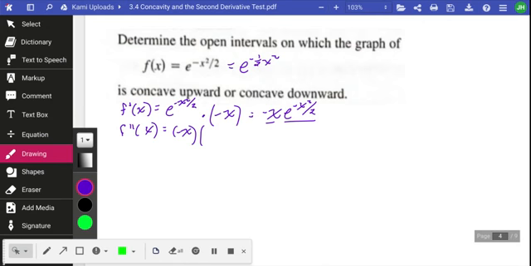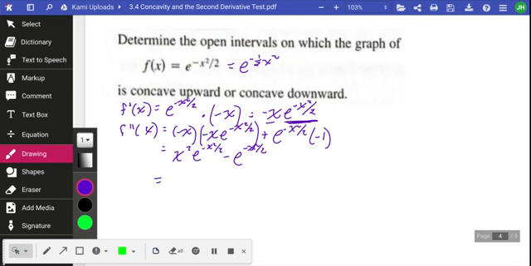Then plus the second times the derivative of the first, which is just negative 1. Simplifying, negative times negative gives us x squared e to the negative x squared over 2, minus e to the negative x squared over 2.